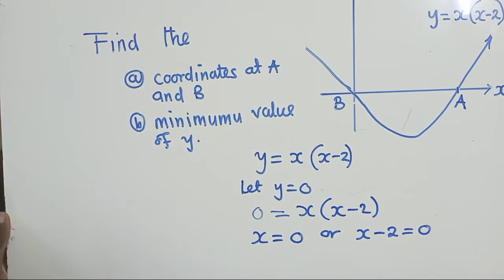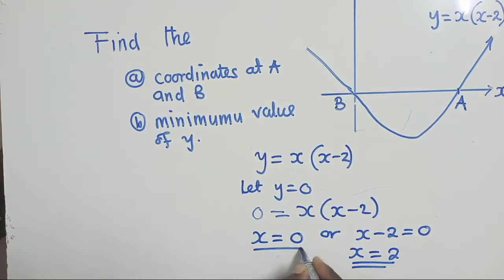If you know how to solve quadratic equations, I think this is simple for you. You get x equal to 0 and x minus 2 equal to 0. So when you do so, you're going to find that your x here is equal to 2.